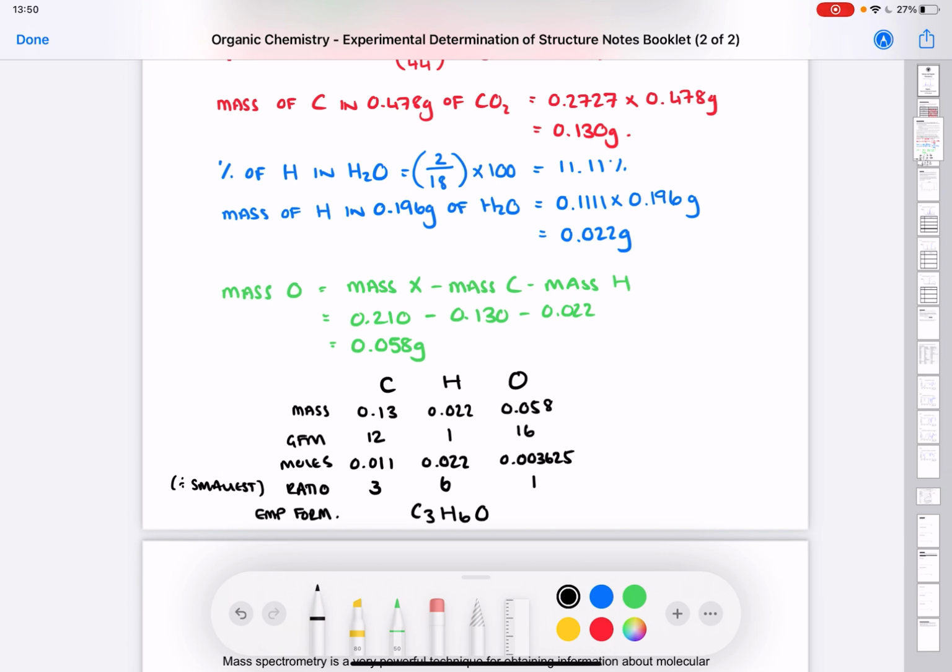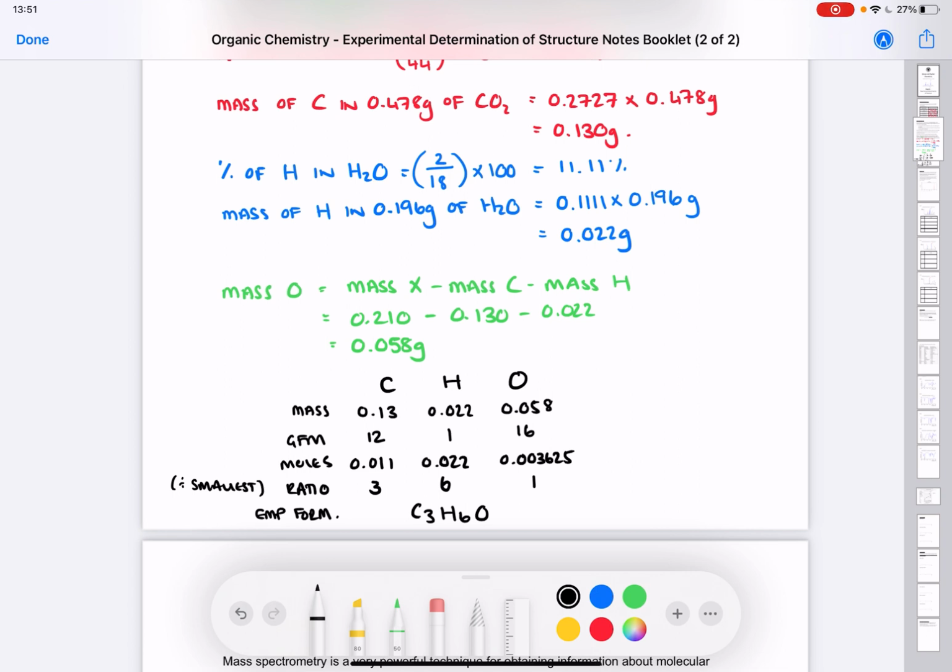Now, if we have an empirical formula of C3H6O, there are a variety of different substances that could be the correct molecular formula. So that could be propan-1-ol, it could be propan-2-ol, it could be methoxyethane, or it could be one or two other substances as well.